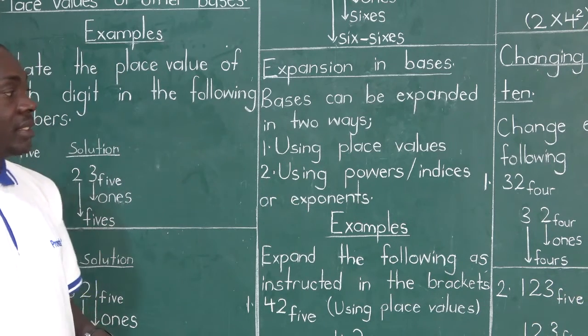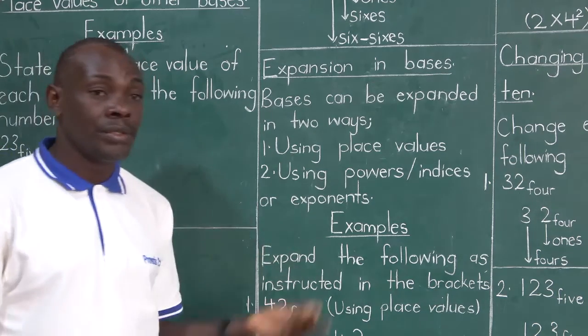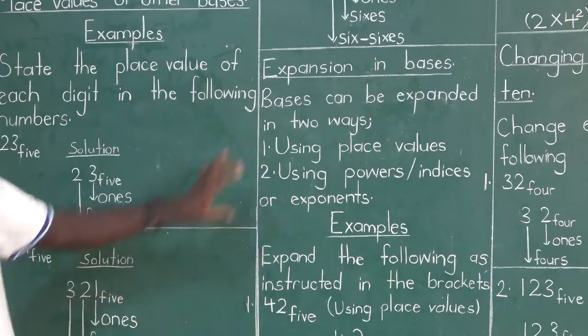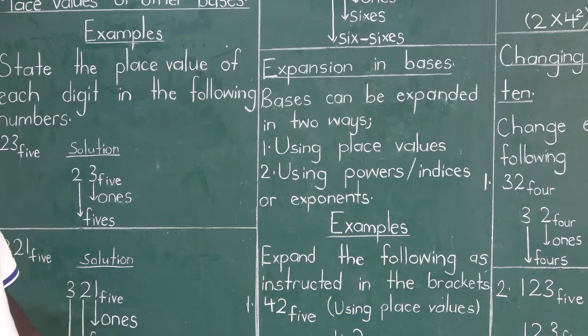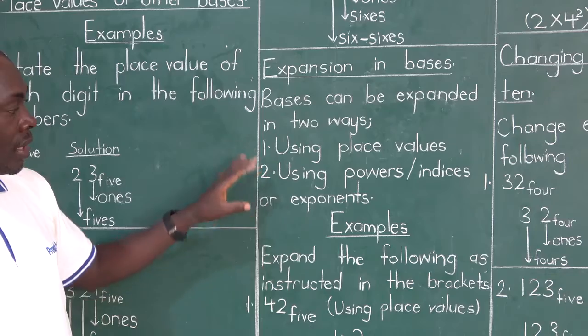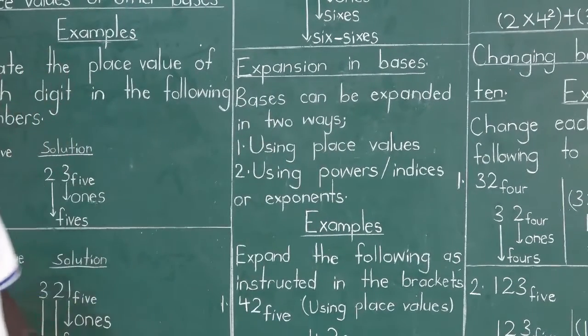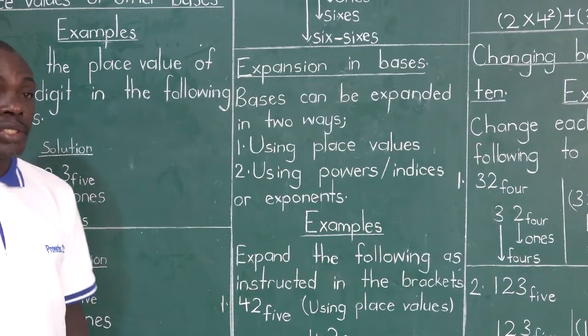Whereas in base 10, there are three ways. You use place values, you use values, and you use exponents. But here, in these other bases that are not base 10, meaning non-decimal bases, we are using two ways, using place values as well as powers, of the particular base.